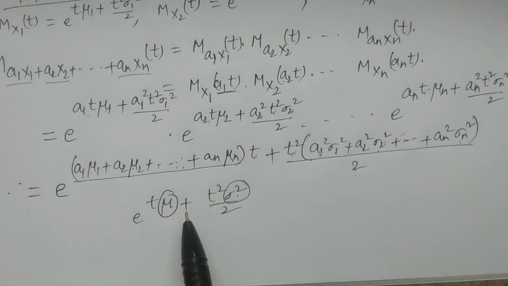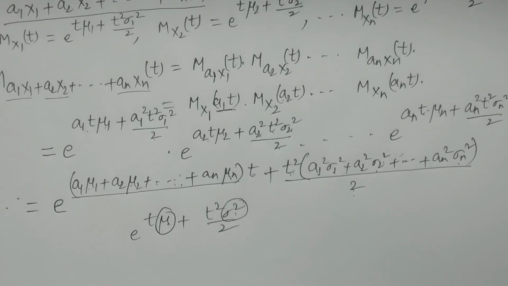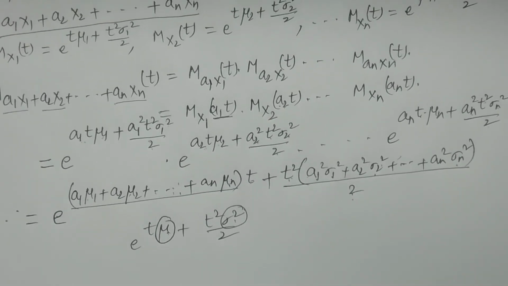Hence the linear combination of n independent normal variates is again a normal variate. We can say, by using the uniqueness theorem of moment generating function and the reproductive property of the moment generating function, we have proved this.